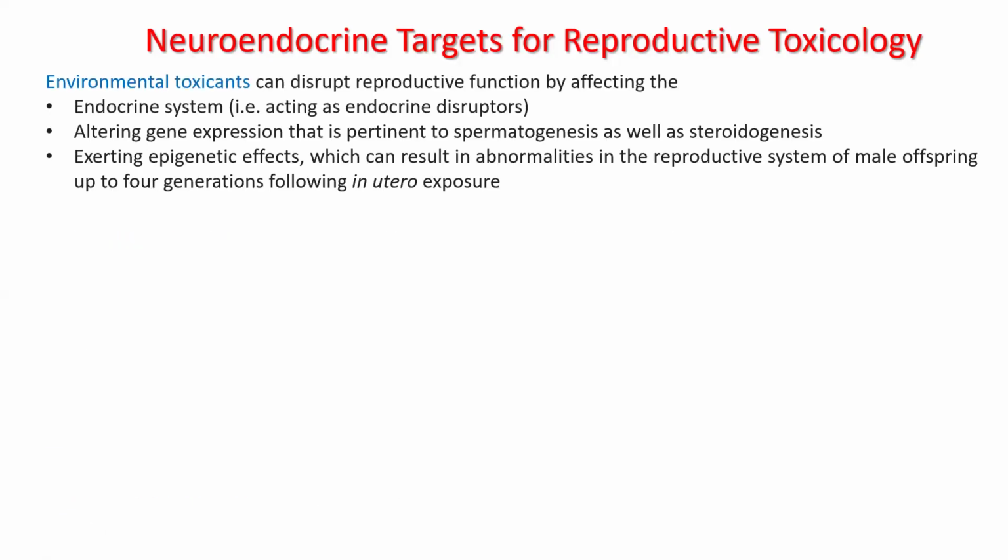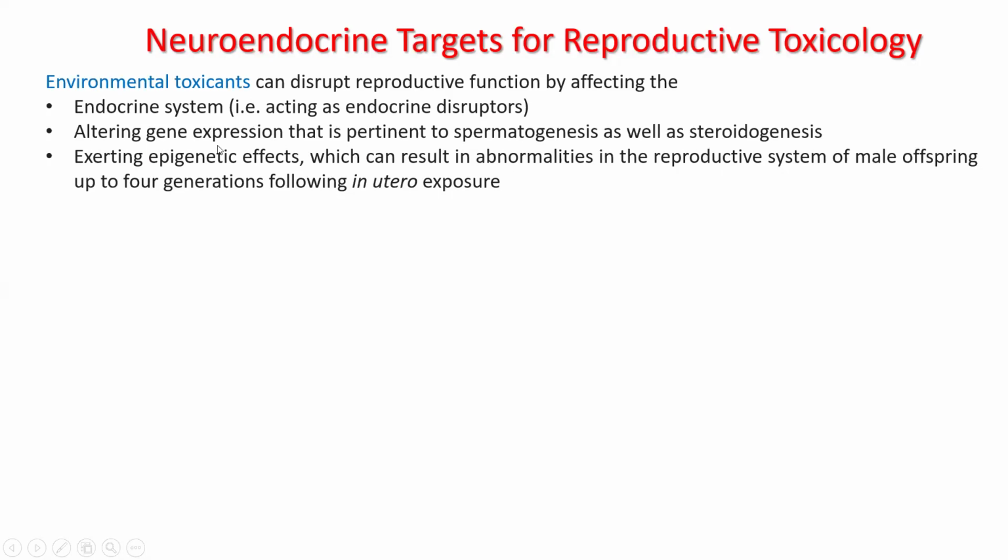That includes environmental toxicants, and these environmental toxicants can disturb reproductive function mainly by three different mechanisms. First is the endocrine system, that is they alter the endocrine system. They are called endocrine disruptors, and they mainly disturb the hormonal system.